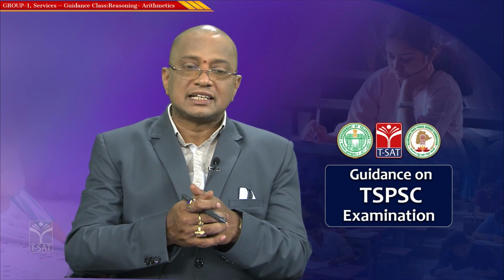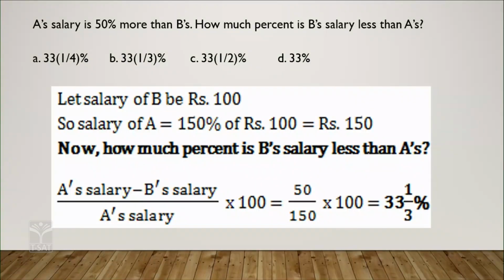Is it clear? So what kind of questions do they generally ask in the examination? One question is given: A's salary is 50% more than B's salary. How much percentage is B's salary less than A's? For this I am giving a simple idea to all the aspirants. Going with X and calculating is a little bit of a lengthy method.